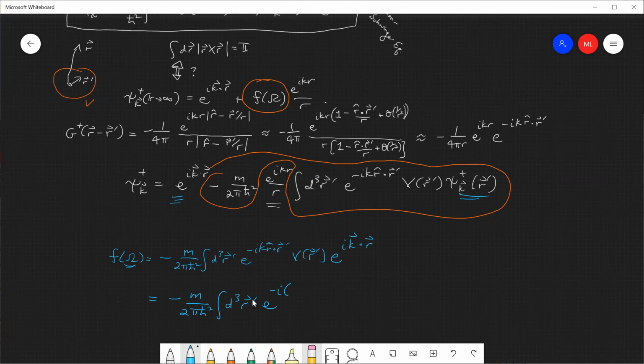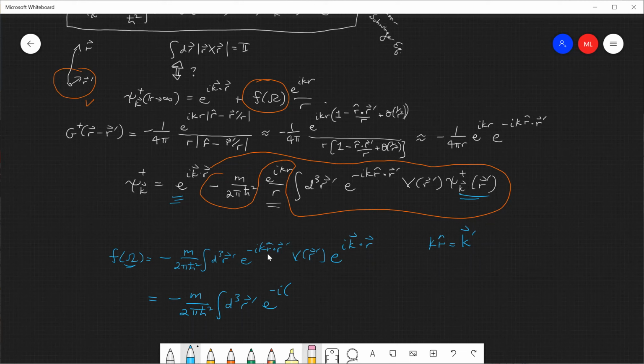We can drop the prime on this r vector, and k r hat, again, this is the magnitude of k times the direction you're looking at. So indeed, k r hat is nothing but the outgoing wave vector.